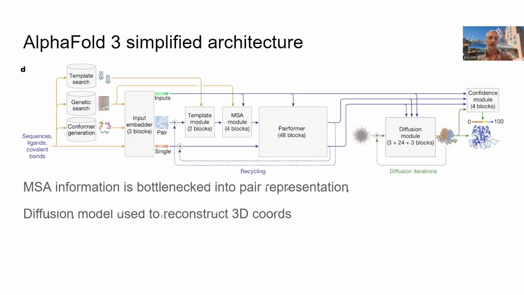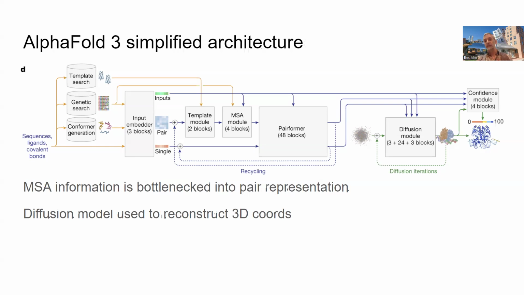And really the organizing principle is thinking about which parts of the underlying representation need to share information with each other to be able to solve the problem at hand. And so in AlphaFold 2, there was a lot of information being passed from the evolutionary MSA representation to the pair representation and back. In AlphaFold 3, the architecture is greatly simplified.